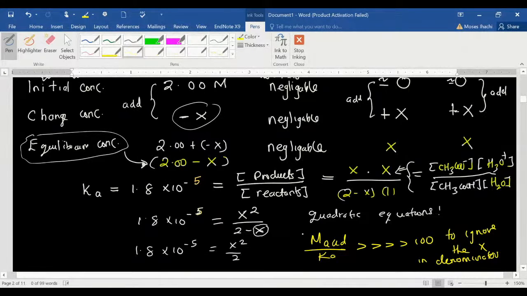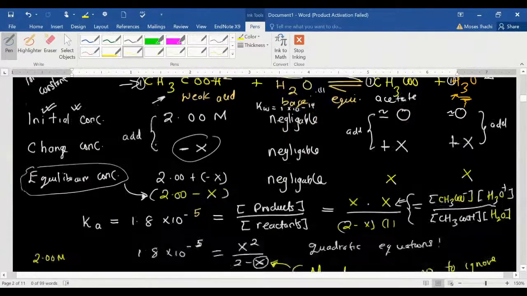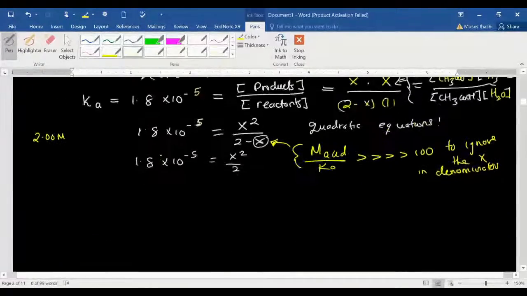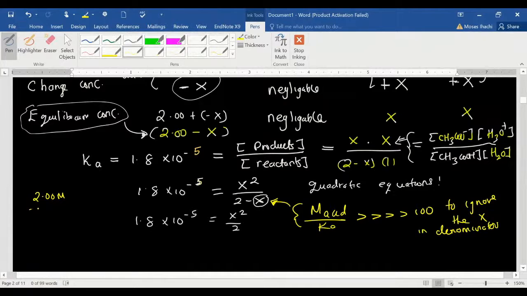So let's use this test to see if it's safe to ignore that x. The molarity of the acetic acid given in the question is 2 molar. So I'm going to divide it by the Ka, 1.8 times 10 to the power minus 5, to see if the answer is way greater than 100.